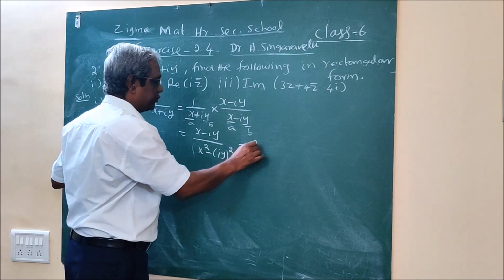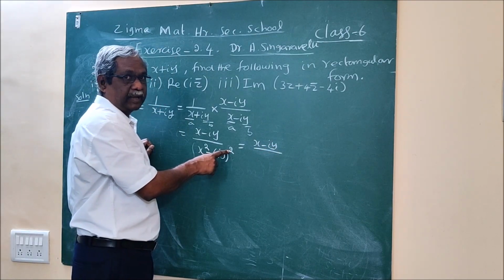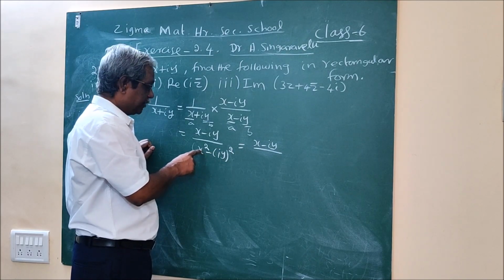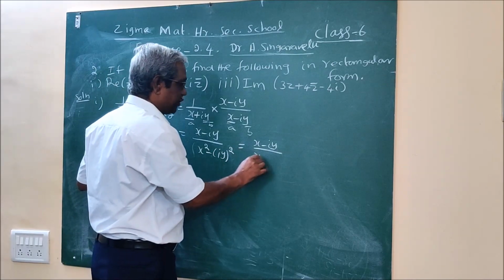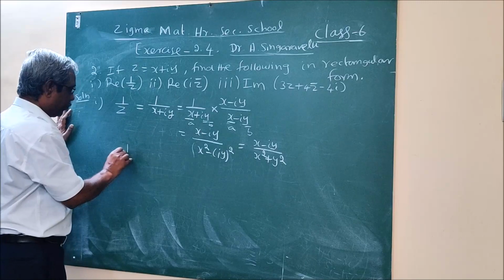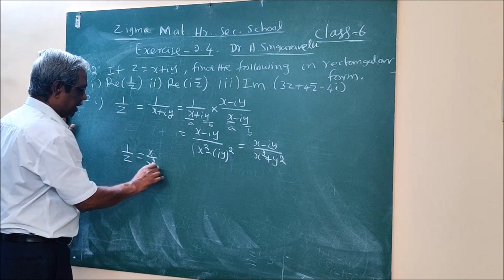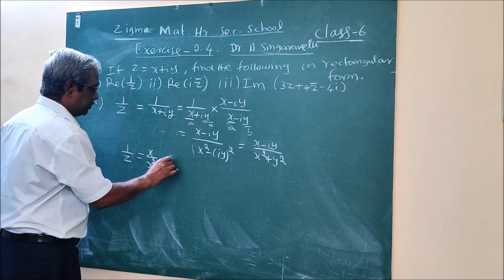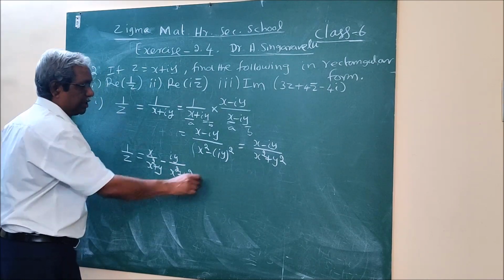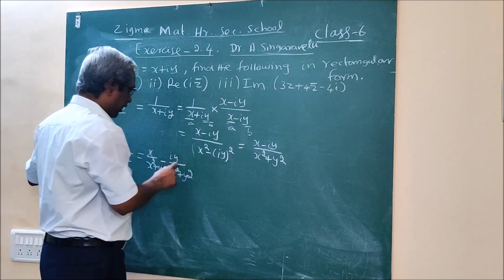I square is minus 1, minus into minus plus 1, therefore x square plus y square. Therefore 1 by z is x by x square plus y square minus iy by x square plus y square. This is the common denominator, so it can be written as x by denominator, y by denominator.